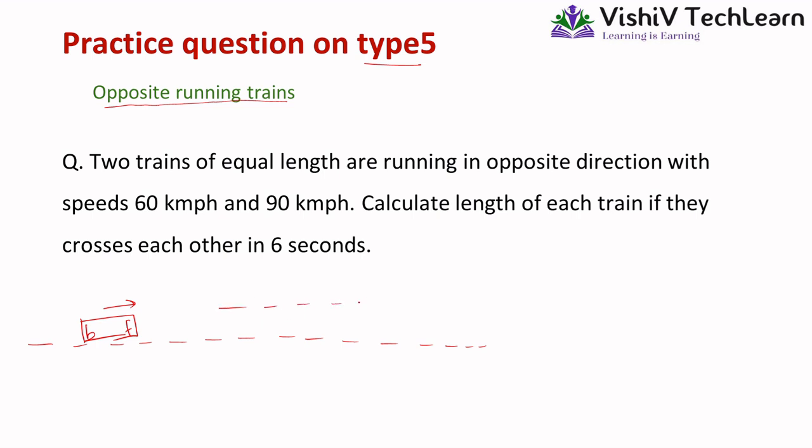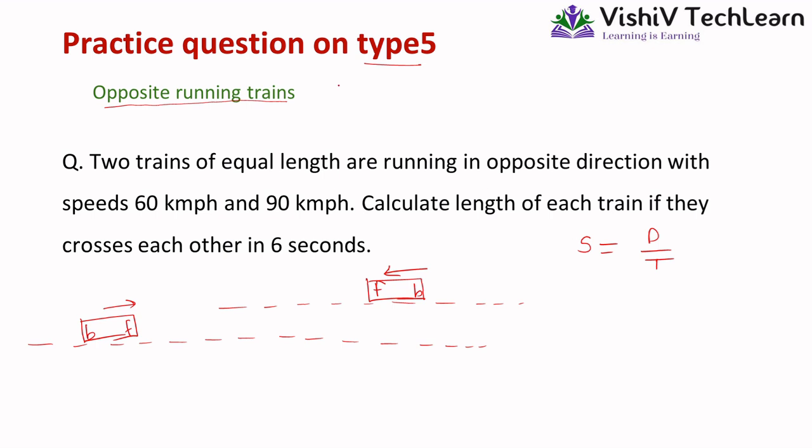So instead, let's consider another track, and here is the second train. This is the front side of the train, this is the back side, and it is running in the opposite direction of the first. When both trains are running in opposite directions, we have to consider the terminology that speed is equal to distance upon time.